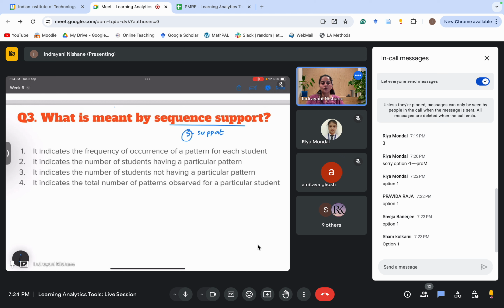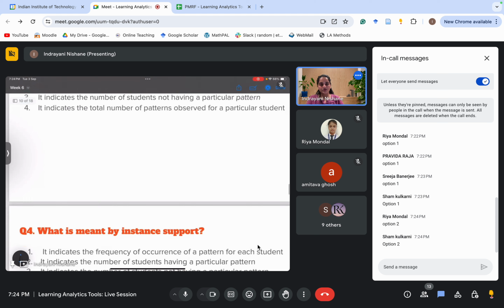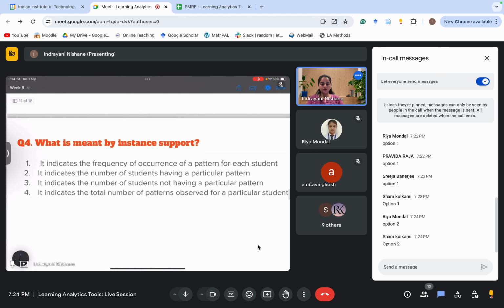So S support tells us the number of students, how many students will have that particular pattern. Very easy to remember. That is option number 2, right? That is based on the definition of sequence support: how many students have that particular pattern?